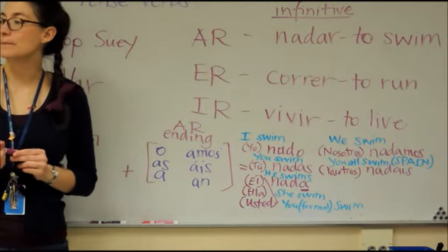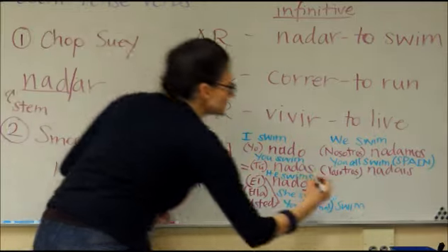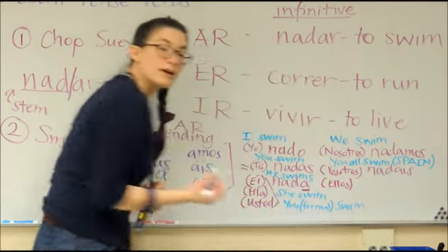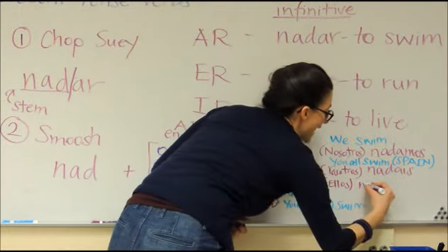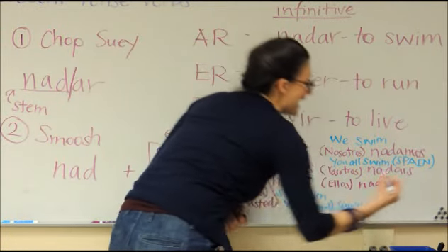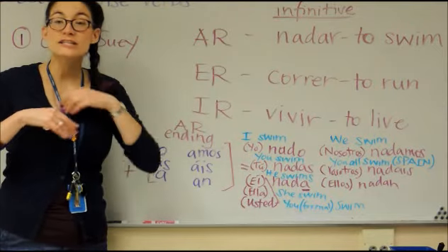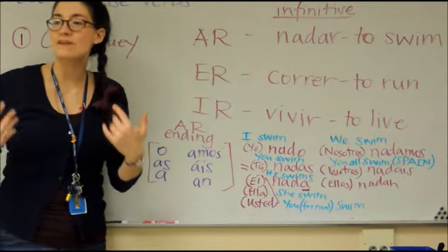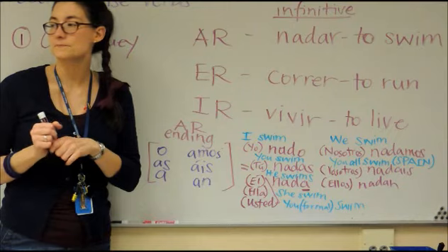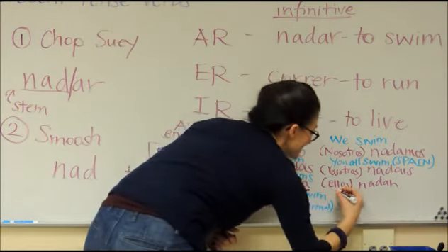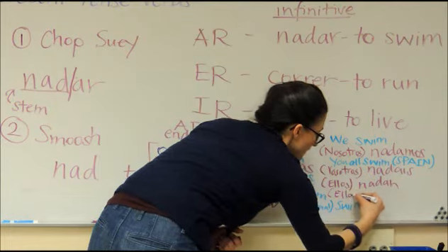Ellos nadan. Muy bien. And this could be a mixture of boys and girls as well. How do you say they swim if they're just a group of females? Ellas. Ellas nadan. It's the same.